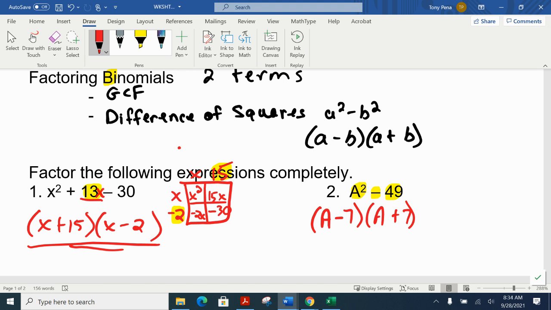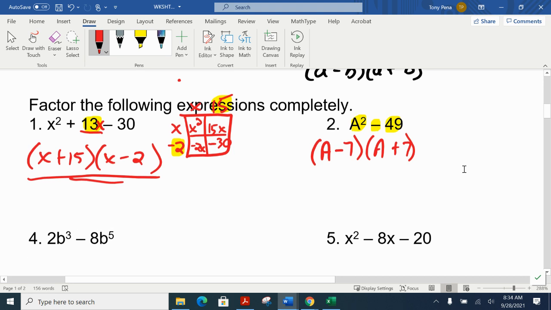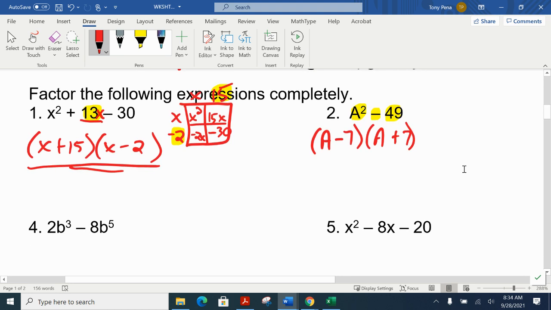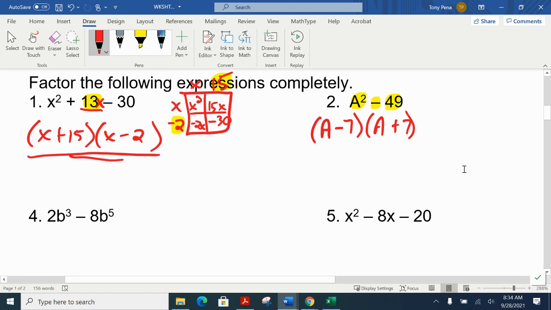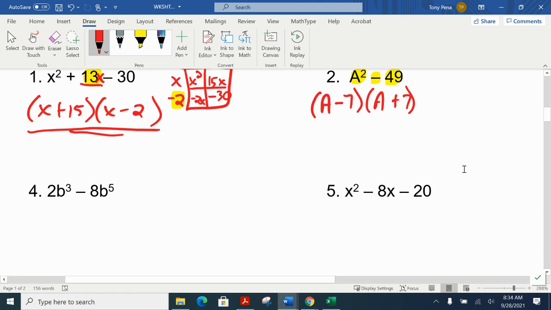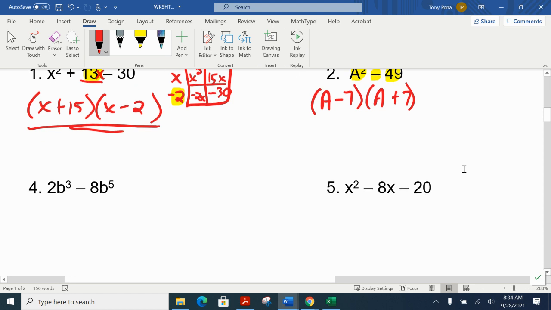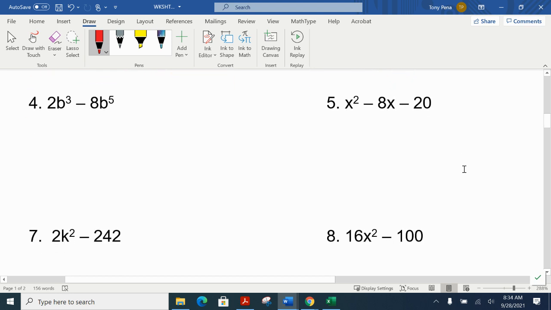All right, so the first one is a trinomial, second one is a binomial. Those are our two methods if a GCF isn't there. All right, 4. Try number 4. I'd be very impressed if we got this one. So see what you think for 4.